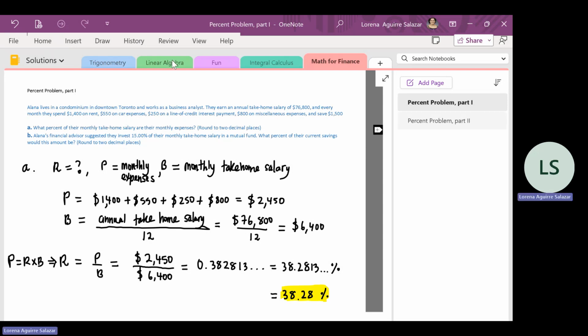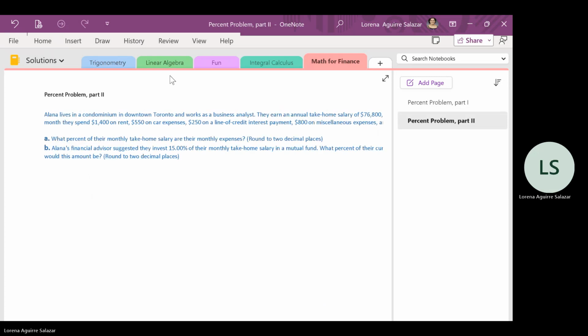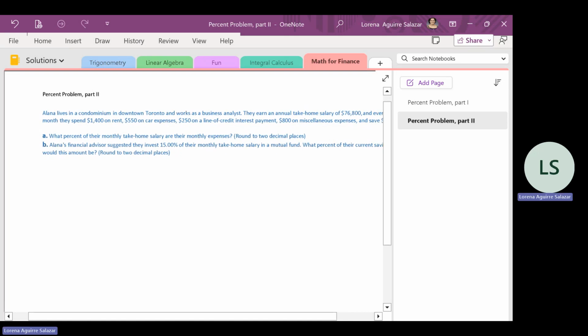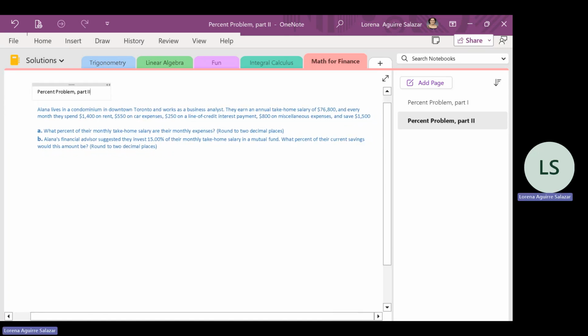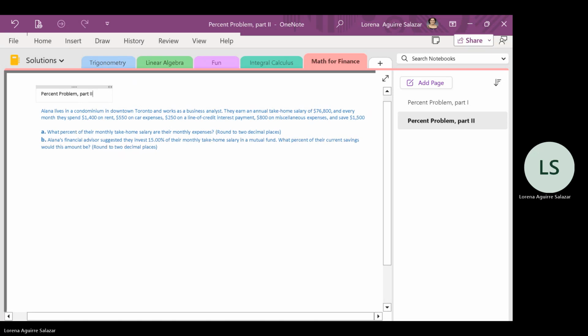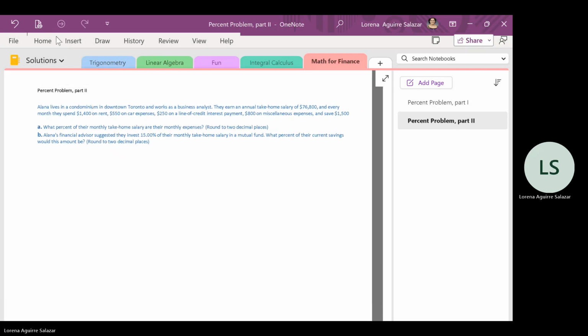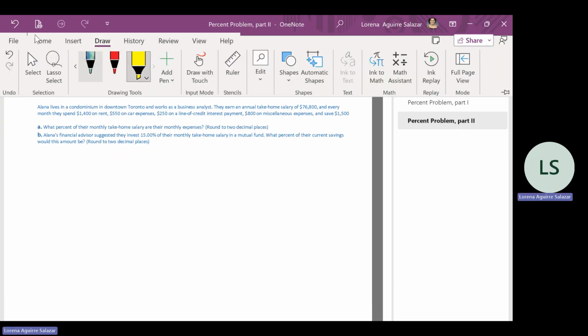For part B, we get to use the same equation that relates P, R, and B. And we get to use that equation more than one time, as we will see. So let's see. Alana's financial advisor suggested they invest 15% of their monthly take-home salary in a mutual fund.